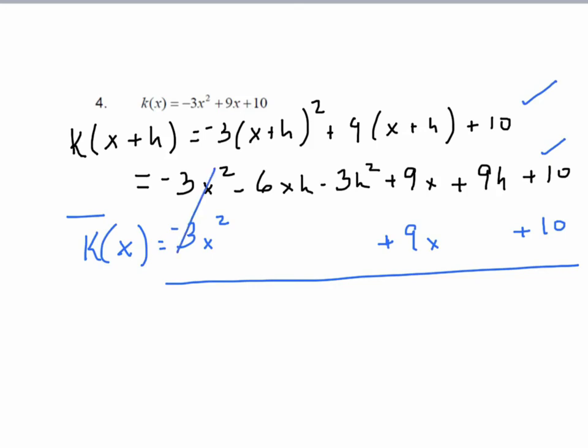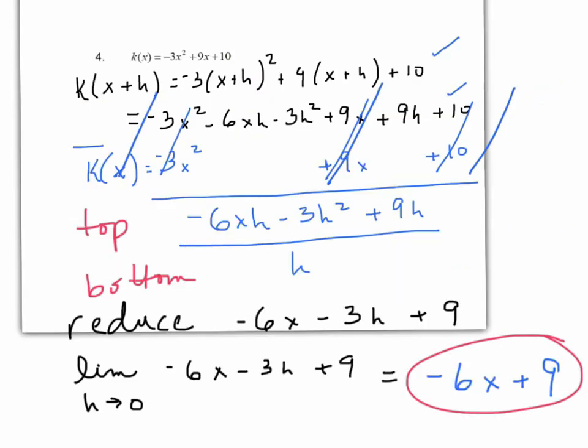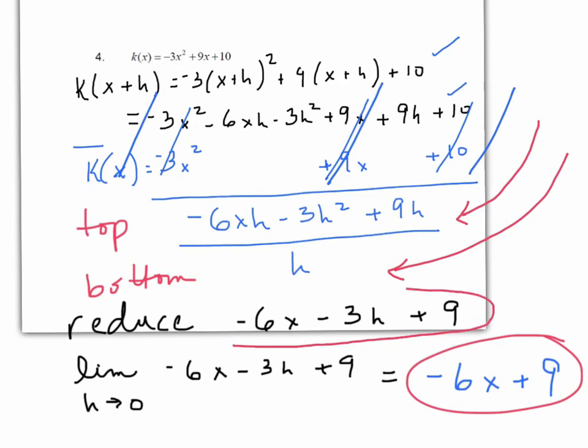We know now that these are going to reduce out. So to finish this, you can see that I've now subtracted, and I came up with the top of my difference quotient. I've put it all over h. When I reduce that, I end up with negative 6x minus 3h plus 9.